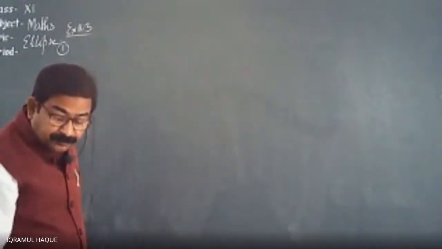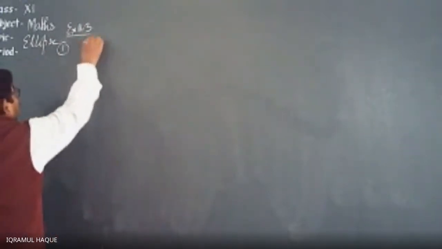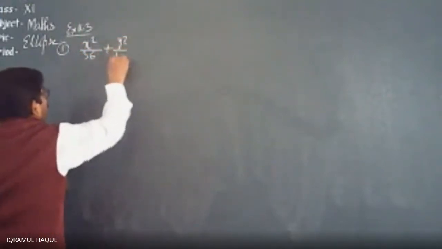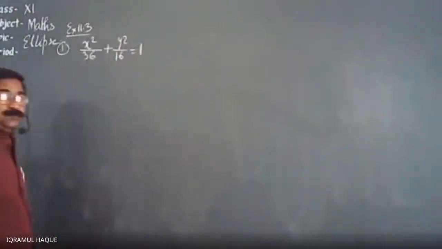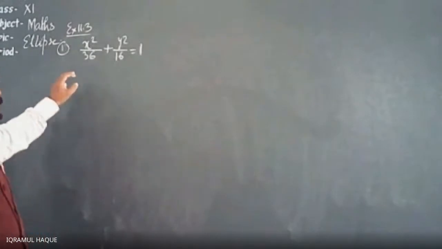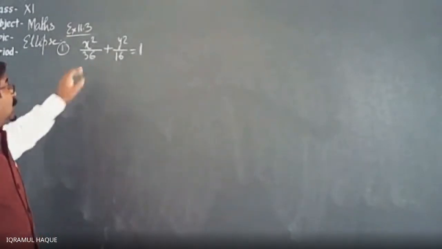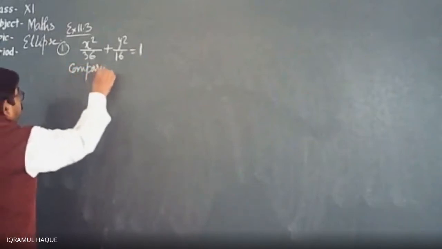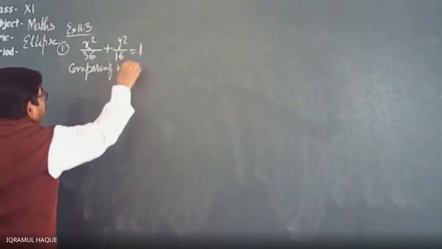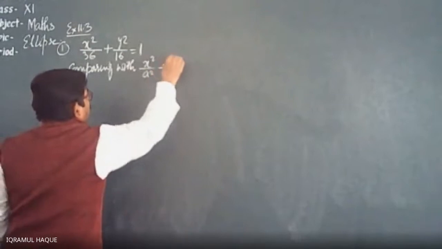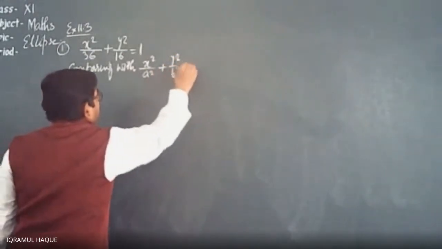So the first one is x square upon 36 plus y square upon 16 is equal to 1. First compare this with the standard equation x square upon a square plus y square upon b square is equal to 1.